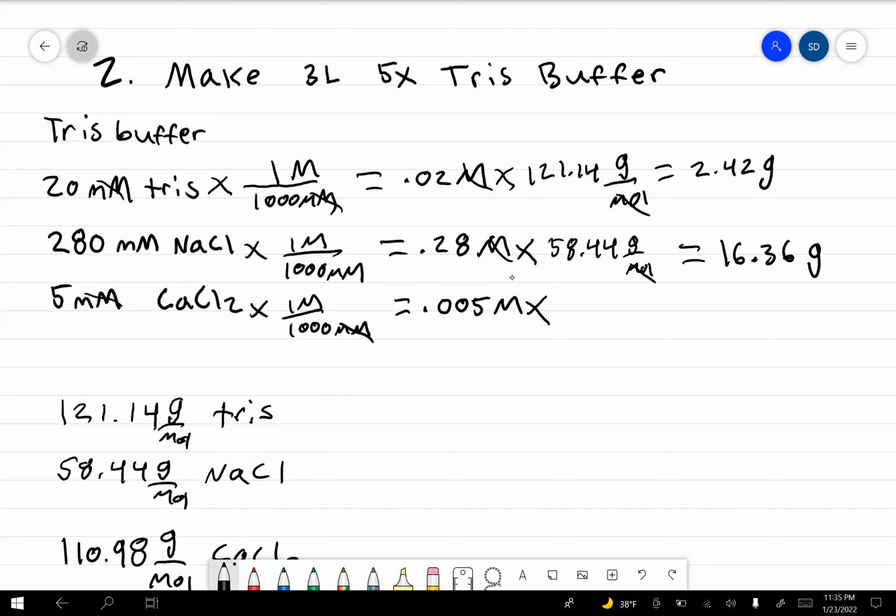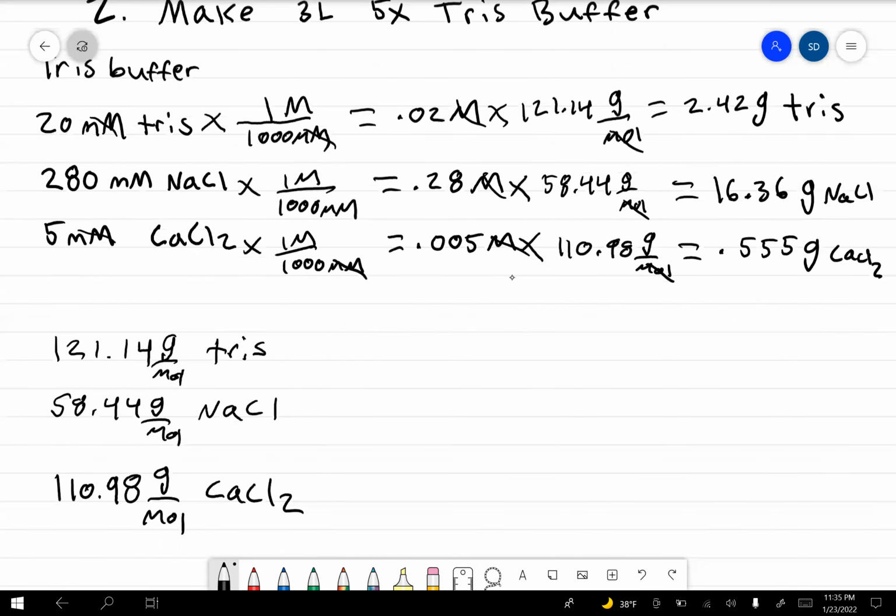And finally, do the same with calcium chloride. 0.555. Now, I would advise that you keep this all in order to add how many grams of each compound, so you won't lose track of it.